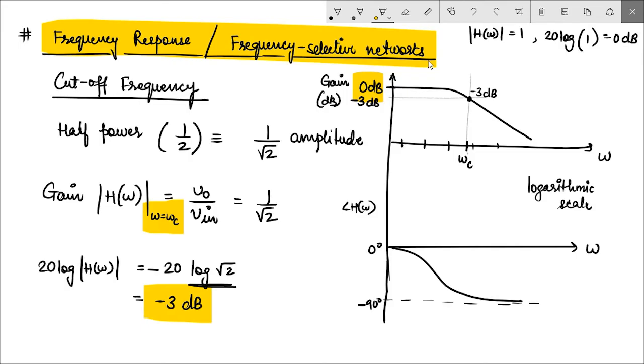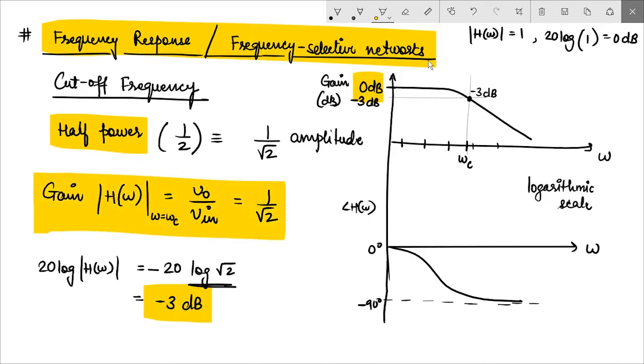One, in terms of power, the point at which power falls by 50%. In terms of amplitude, it is that frequency where amplitude has dropped by a factor of 1 by root 2. That means gain-wise, where gain becomes 1 by root 2. The third way, when gain is expressed in dB, it is that point where gain falls by 3 dB or gain becomes minus 3 dB. This is called cutoff frequency.